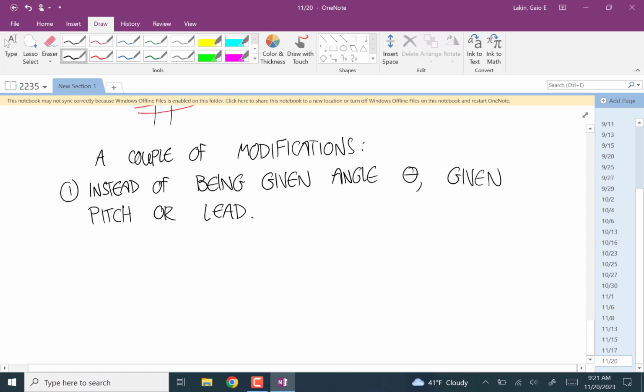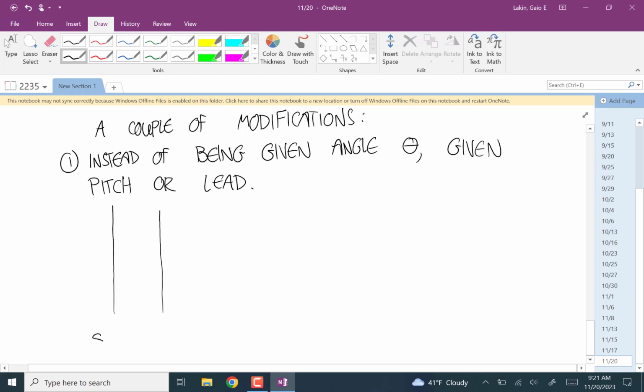The meaning of these: they often mean the same thing, pitch or lead. Lead is really the one that's useful to us. So let's think about these threads, and let's think about an ant climbing up this thread.